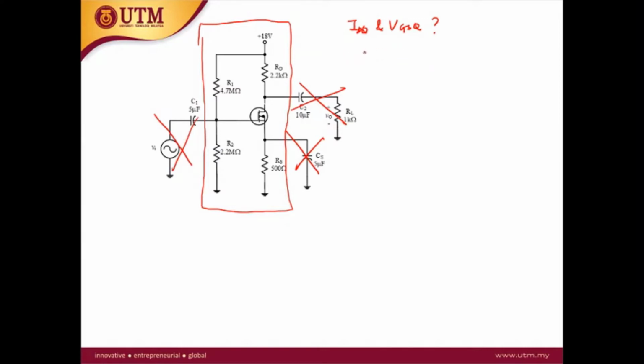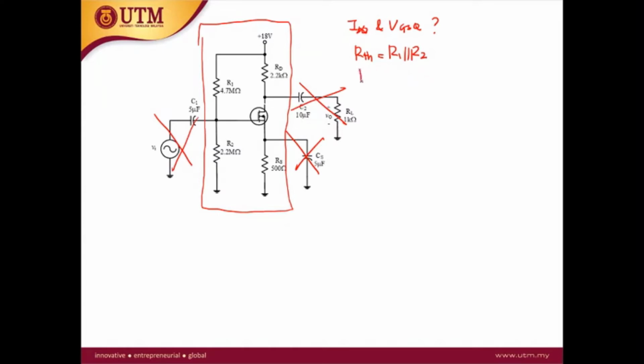You need to calculate R1 parallel with R2. This is the R Thevenin. However, for the MOSFET, the value for R1 parallel with R2 is not that important when you do the DC analysis, because this will not affect the calculation.